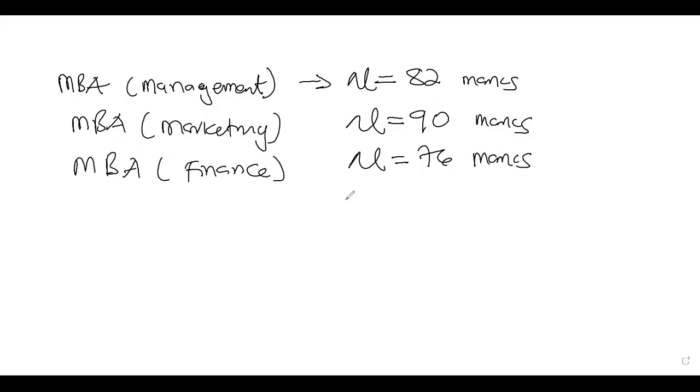Now, if I want to test whether there is a difference in their marks, okay, somebody will be thinking that, okay, one group had 82, one group had 90, another group had 76. So I can just look at this and tell myself that the one who scored 90 is 8 points more than the one that scored 82.